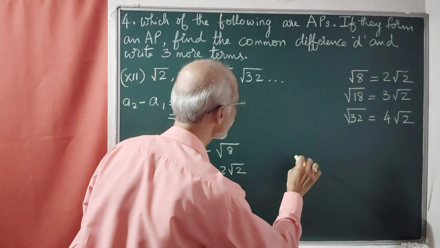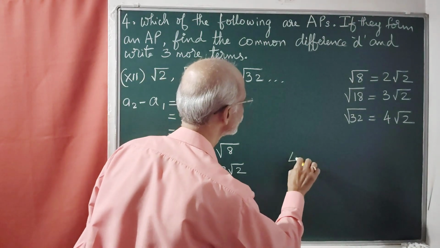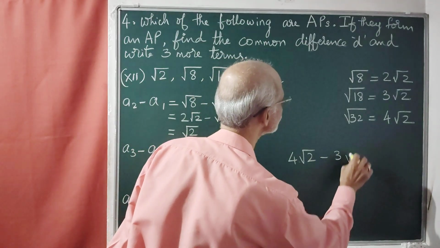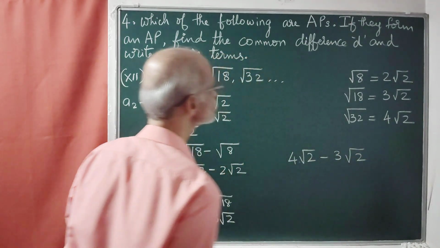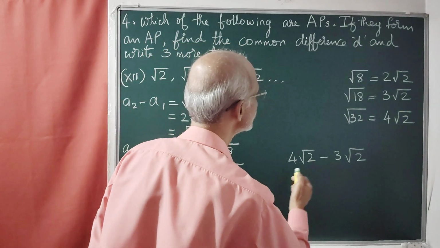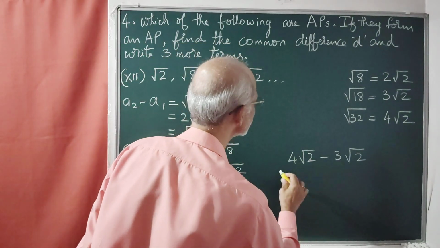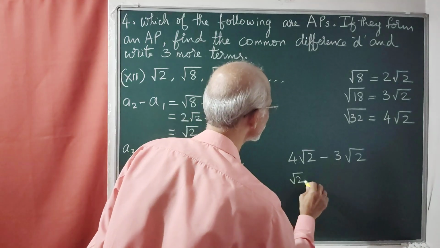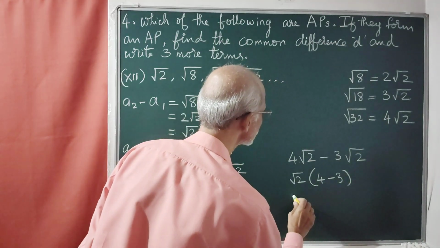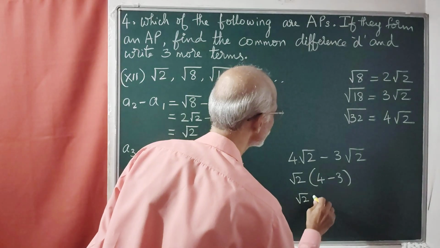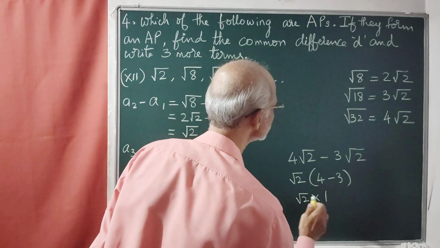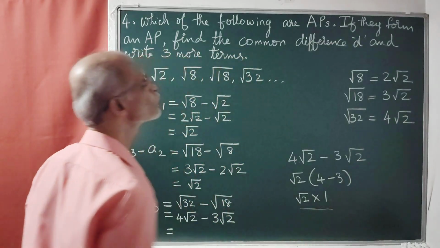I'll show you how to subtract this. 4 root 2 minus 3 root 2. Root 2 is common, no? So take root 2 outside. Root 2 into 4 minus 3. What we get? Root 2 into 1. 4 minus 3 is 1.